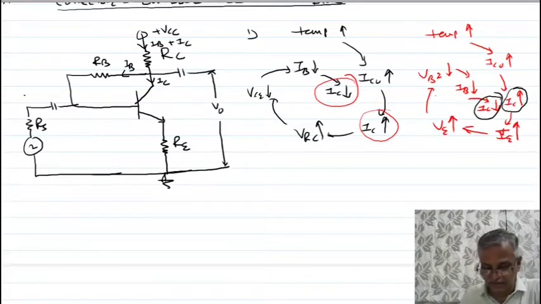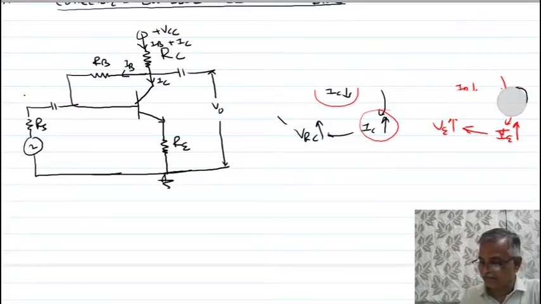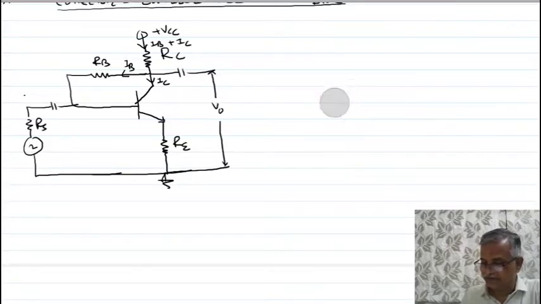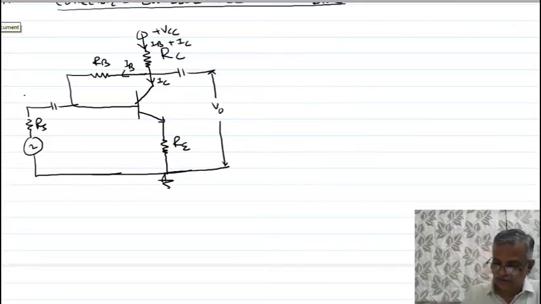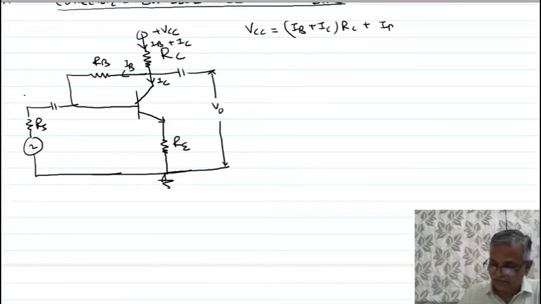Now I am deriving the equation of a stability factor S. Look here, from this circuit I can write VCC is equal to (IB plus IC) into RC plus IB into RB plus VBE plus (IB plus IC) into RE.